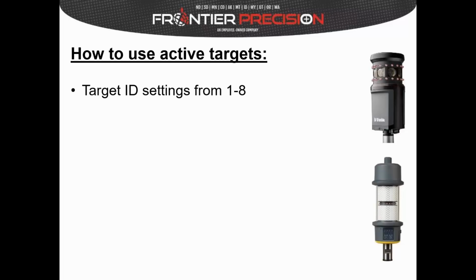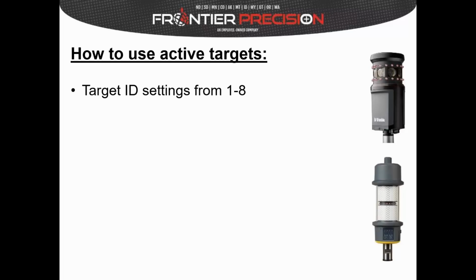So how this works is these numbers basically are going to correlate with whatever we set Trimble Access up for our target ID setting. And in order to track the target in active mode or have active targeting, the IDs in Access in our settings and the dial or the button that we have pushed on the actual target have to match.